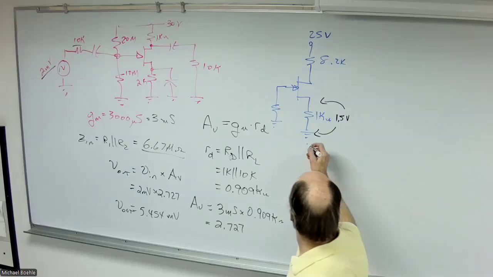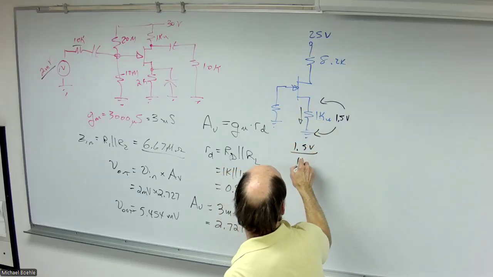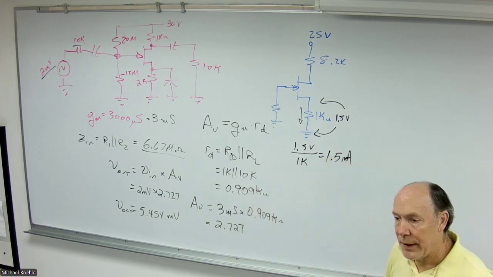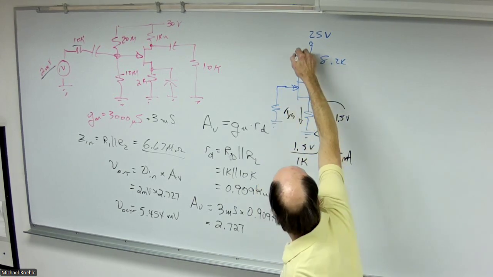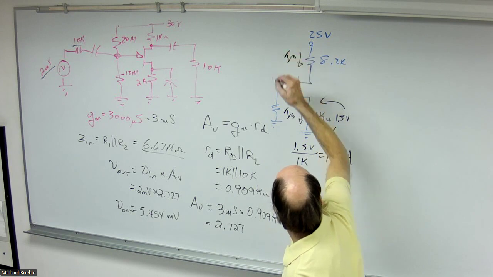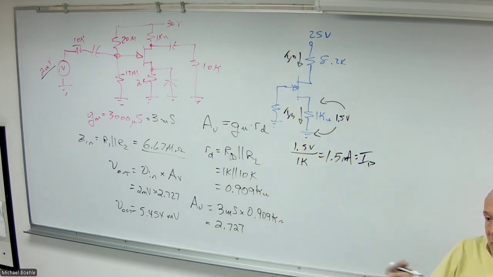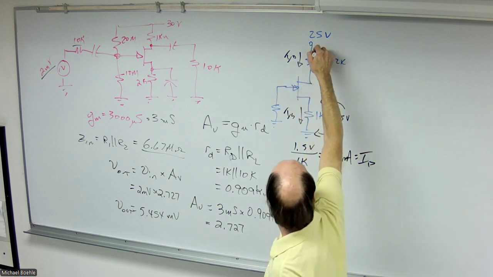So Ohm's law says that the current would be 1.5 volts divided by 1K, or 1.5 milliamps. Now, technically, that's the source current, but that is also the drain current. Now I have 1.5 milliamps flowing through 8.2K.